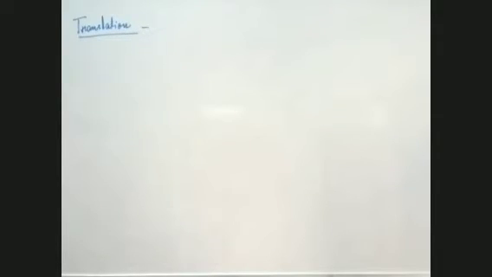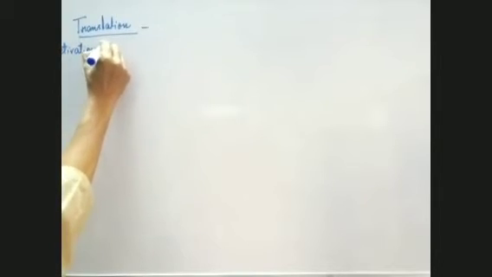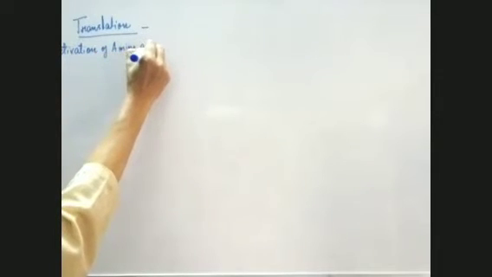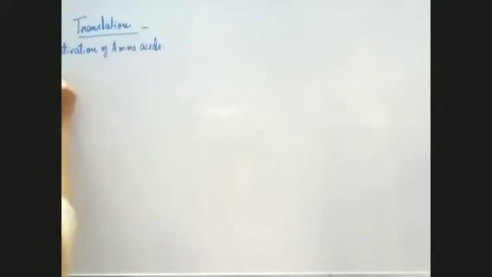Yesterday we started with the process of translation, and the first three steps we have already discussed. The first step is activation of amino acids. The second step is charging of the RNA.